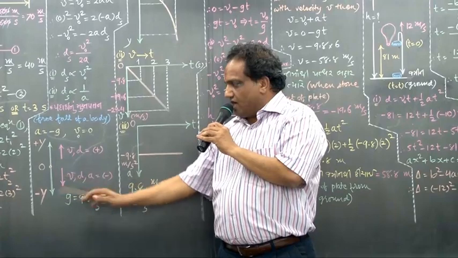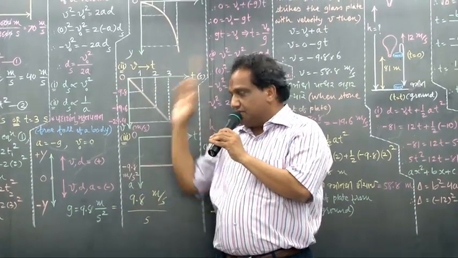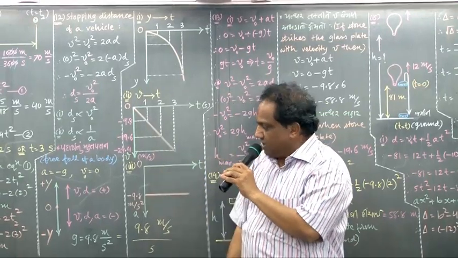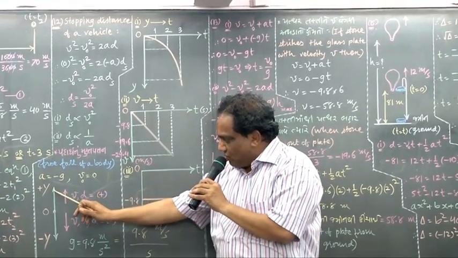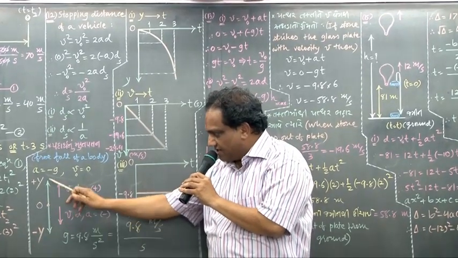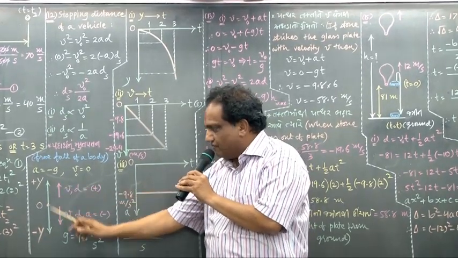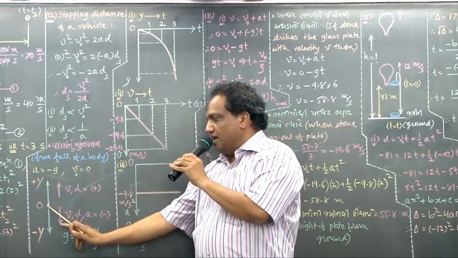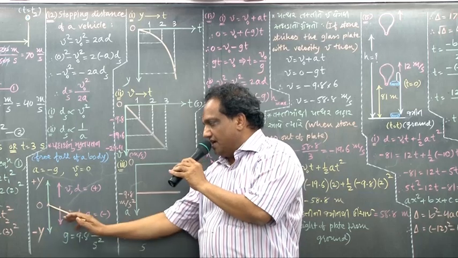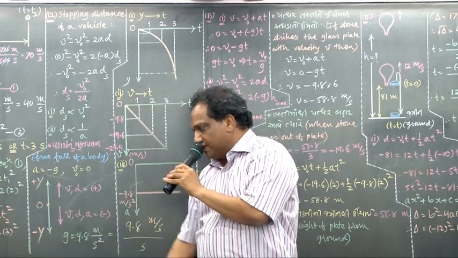In the textbook, for the further sums, they have adopted one sign convention. What is that sign convention? Simple. Suppose motion is carried out along the vertical axis, and that vertical axis I have shown with the y-axis. Vertically upward is the positive axis, and vertically downward is the negative axis.